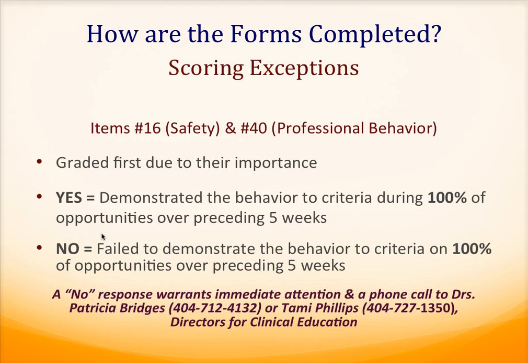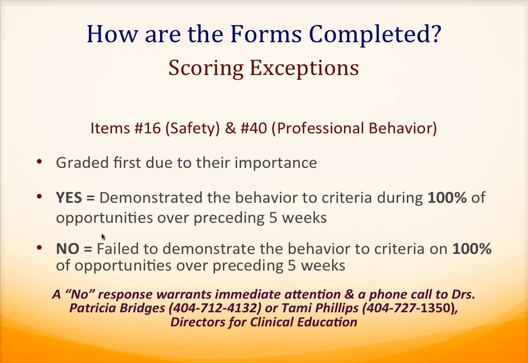Now, we're going to talk a bit about 4 items that are exceptions to the typical scoring procedure. The first 2 items are items number 16 and number 40, which address patient safety and professional behavior. On the evaluation form, you will notice that these items are scored first, due to their importance in patient care and professional behavior.